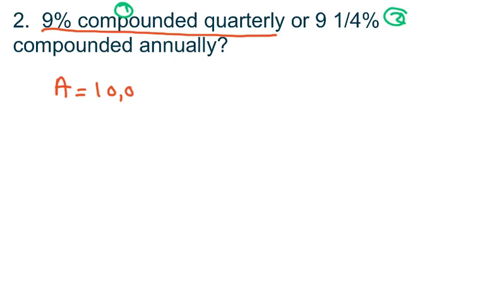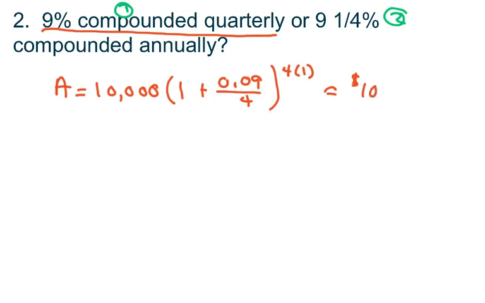You can use 1,000 if you want, just to compare them. 9% over 4, because it's quarterly, and then 4 times 1, and this is approximately 10,930.83.